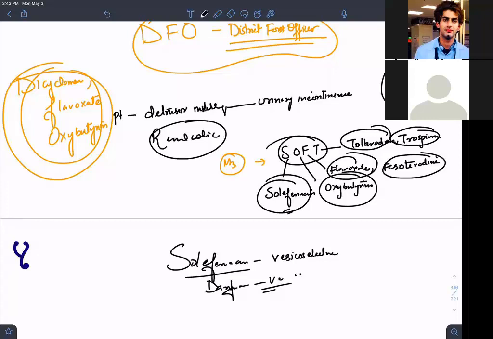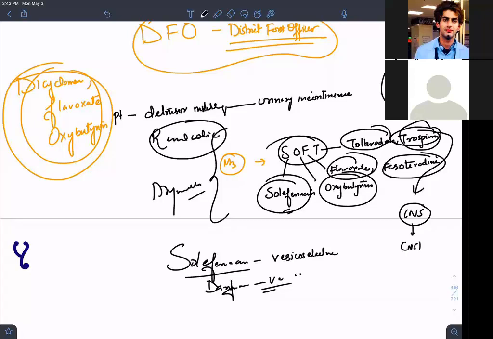The adverse effect of all of these is dry mouth. But trospium has a special feature. It does not cross the BBB, so you won't have any CNS effects.